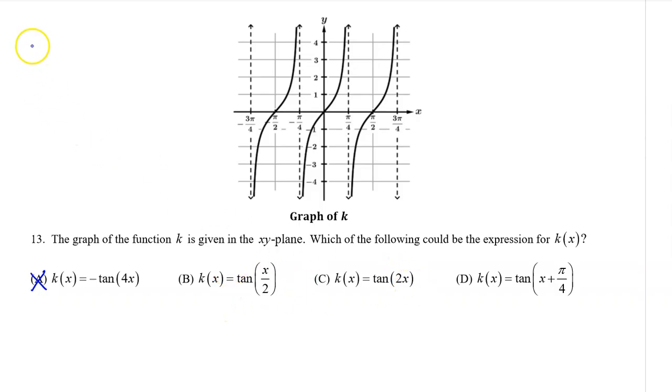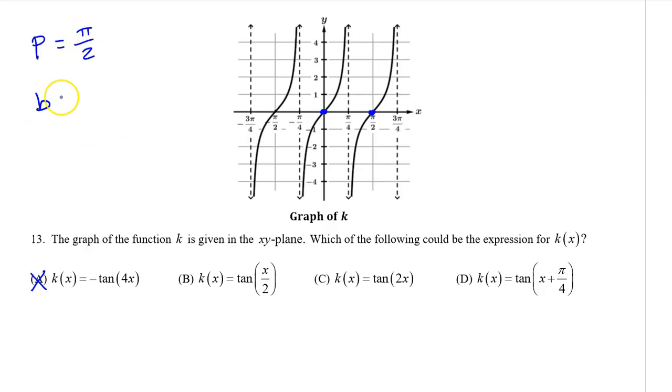We begin by finding the period. You can measure the period either from asymptote to asymptote or from midpoint intercept to midpoint intercept, whichever is easier. In this case, we are going from 0 to pi over 2 if we do intercept to intercept. So the period is pi over 2.